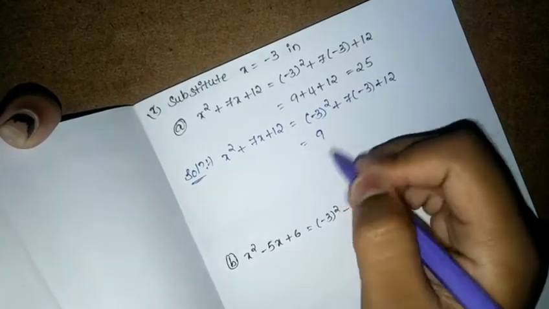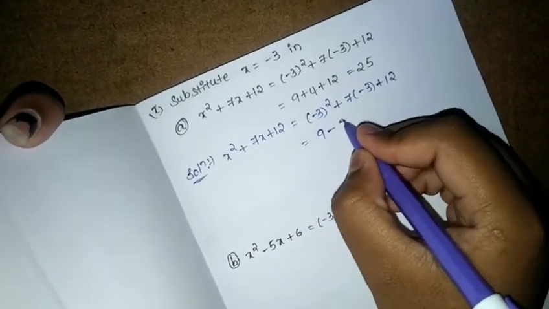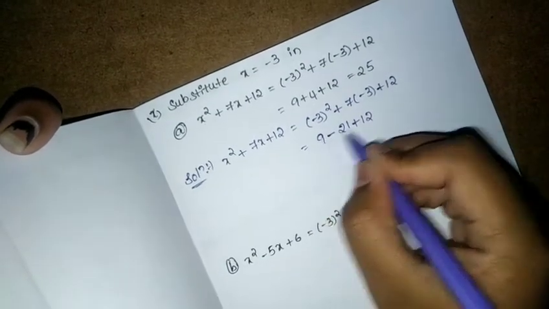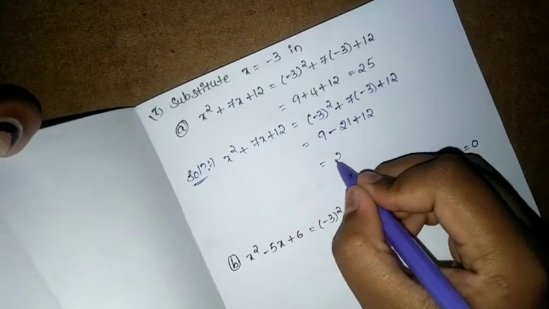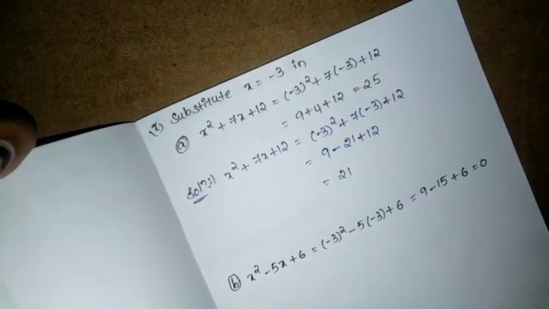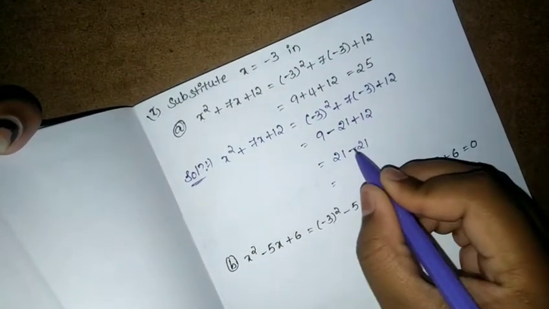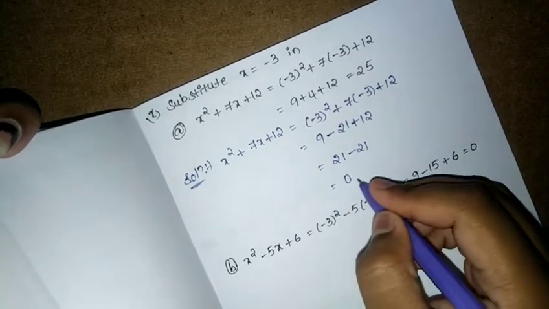Minus into minus is plus, and plus into minus is minus. 7 threes are 21, plus 12. So here 9 plus 12 is 21, minus 21. So 21 minus 21 is 0. So the answer for this problem is 0.